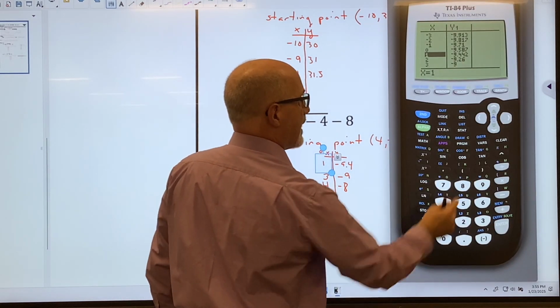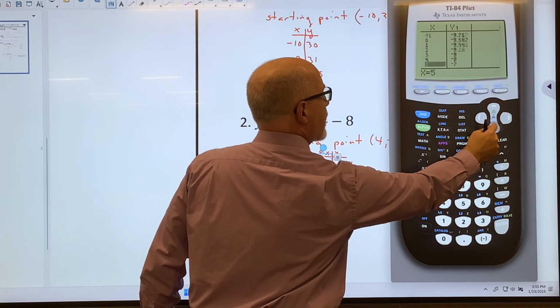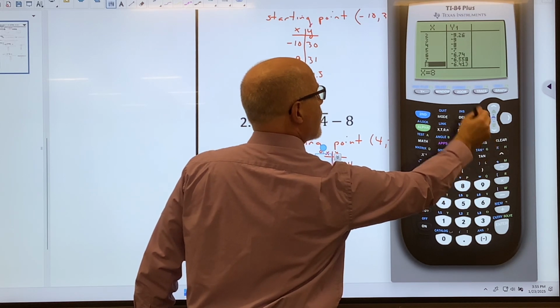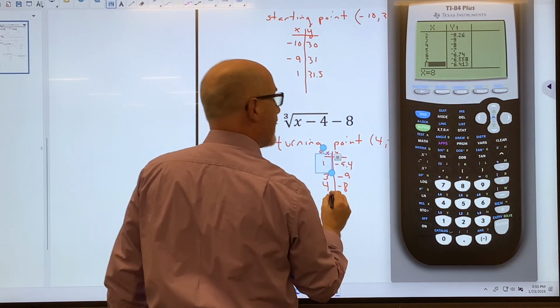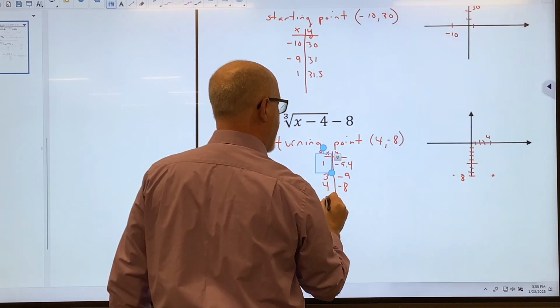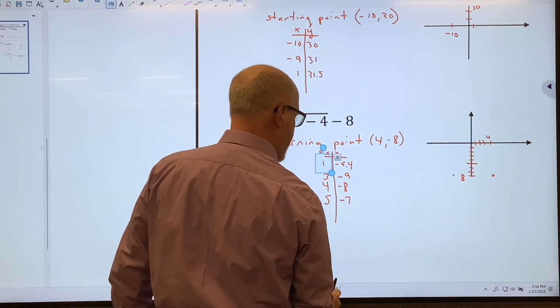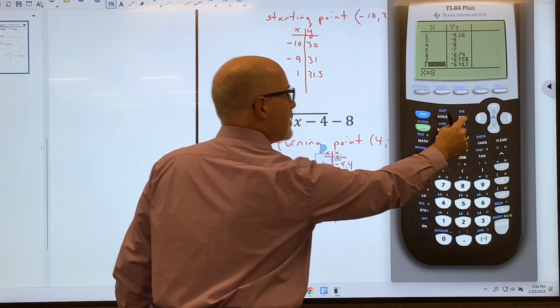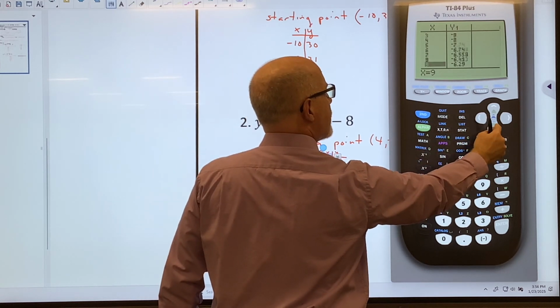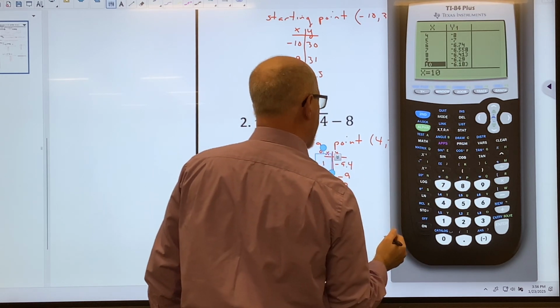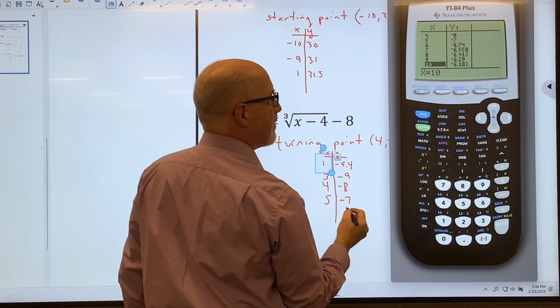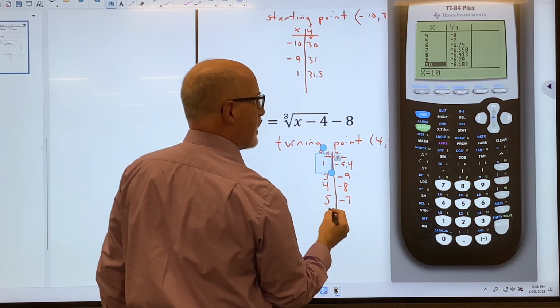So at 3 we had -9, good. And now we're going to go up above it. So at 4 we had -8, at 5 we had -7. And then let's go a little further out just to get some of the shape of this one. Let's go out to maybe 10, and at 10, we're going to go at negative 6.2.